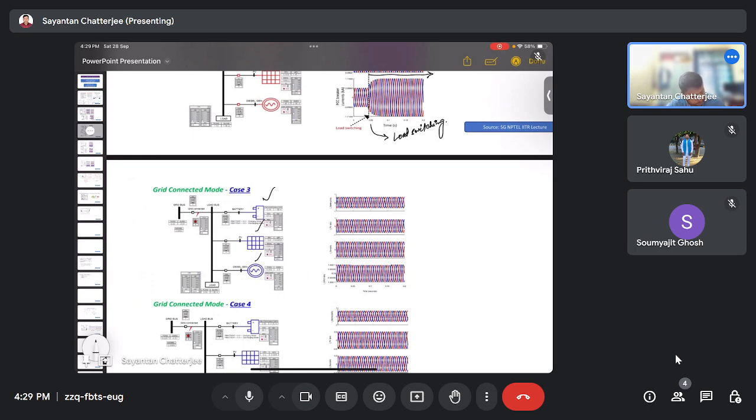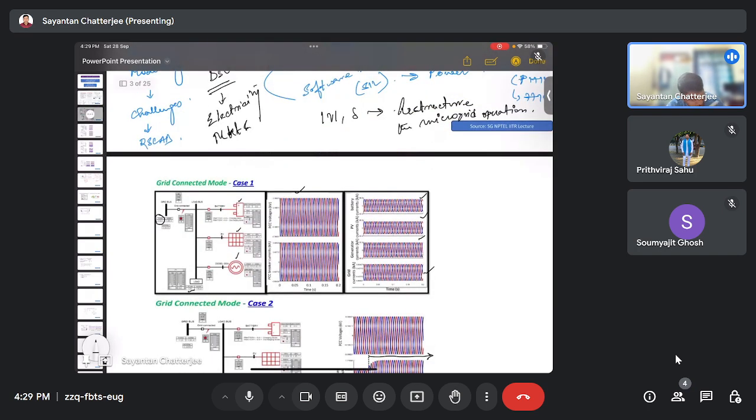So one by one, if we go here, DER absent, grid is feeding the power.